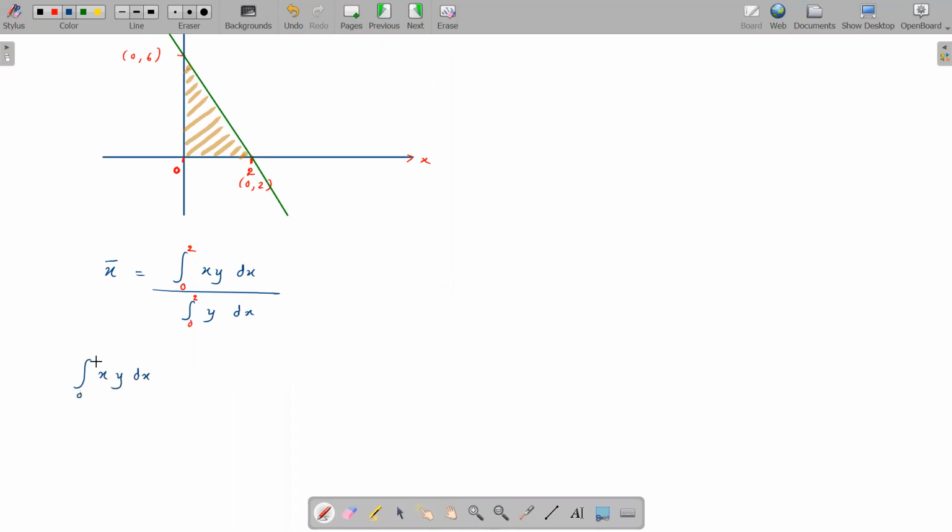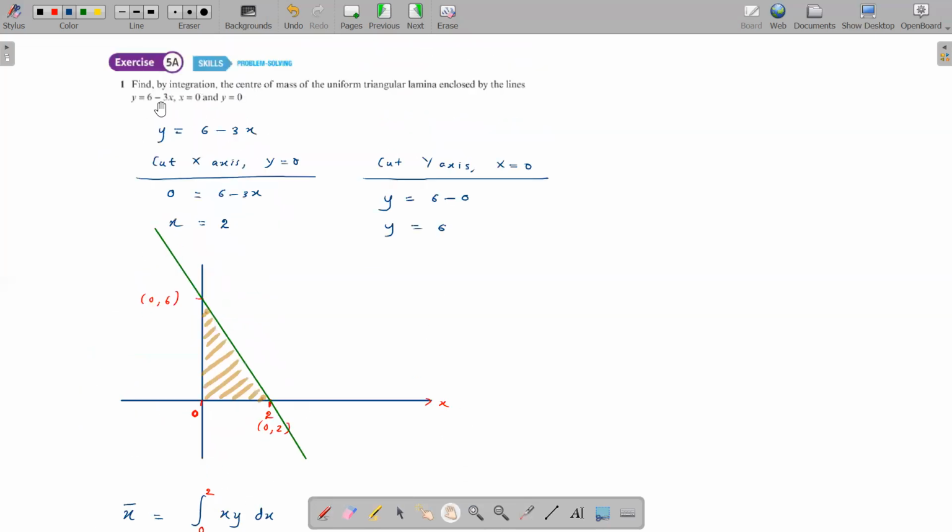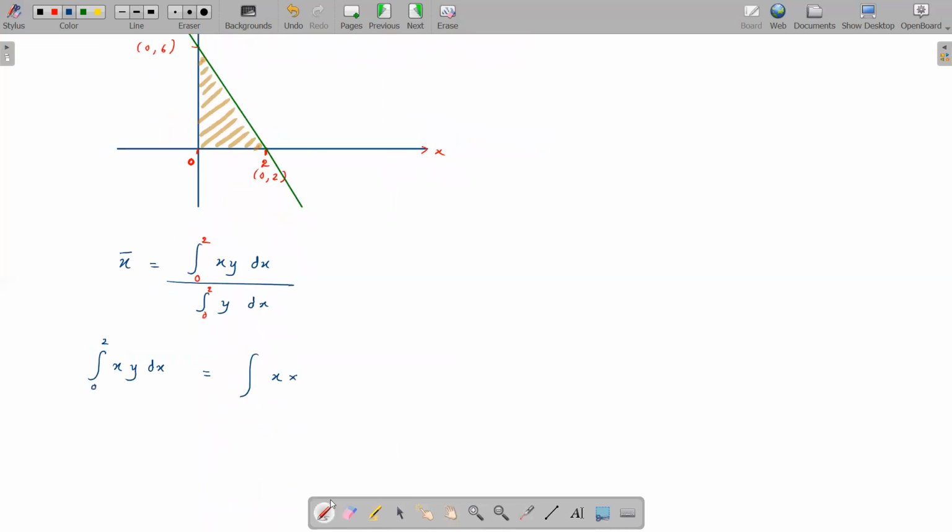So the numerator: how do we integrate here? We need to integrate xy with respect to x, but I need the formula for y, right? Because we need to input y in terms of x. So we know y is equal to 6 minus 3x. Can you see y is equal to 6 minus 3x? With respect to x, limits are 0 to 2.